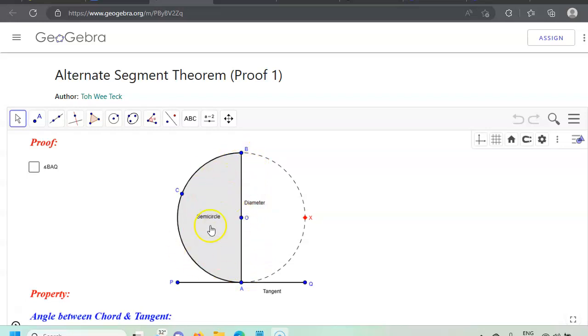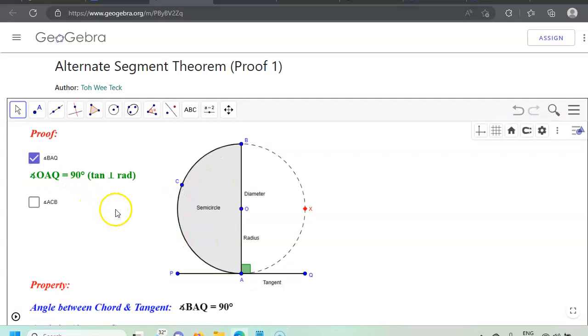So the alternate segment formed is a semicircle. And then we all know that the line that touches the point of contact is perpendicular to the tangent line. So what is the point of contact again? It is the point where the tangent line touches the circle.